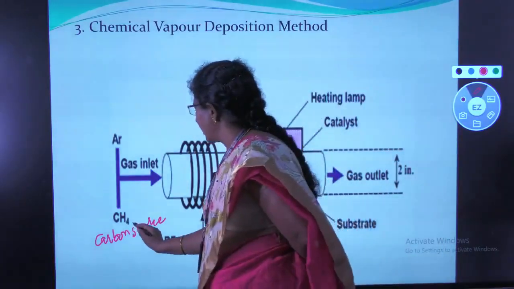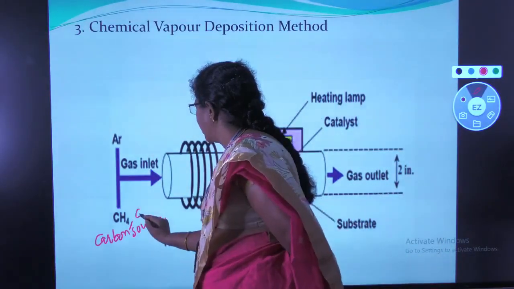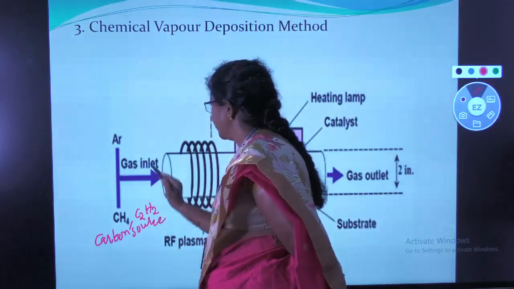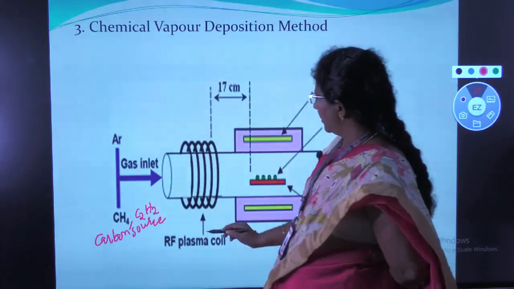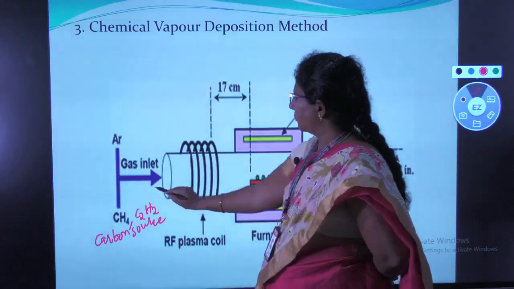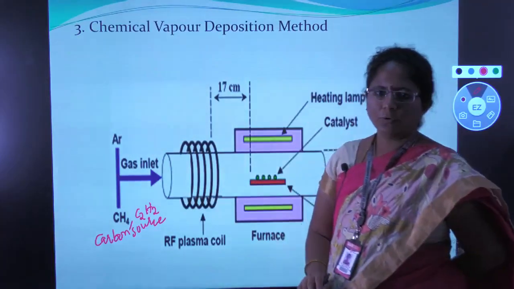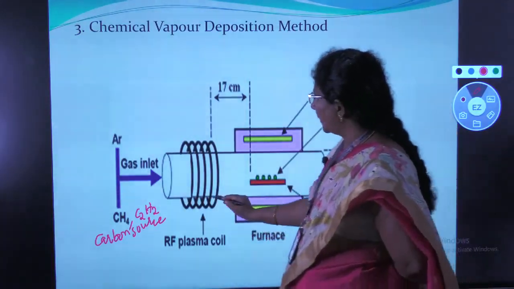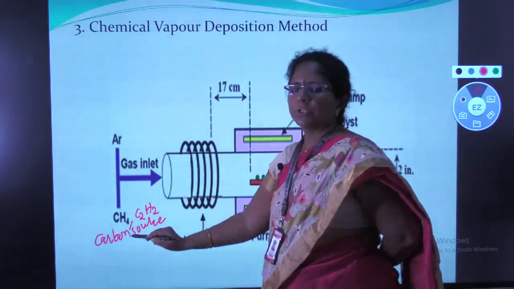The commonly used carbon sources are methane or acetylene. So this plasma will transfer energy to this gaseous carbon source, and it will crack it into atomic carbon.